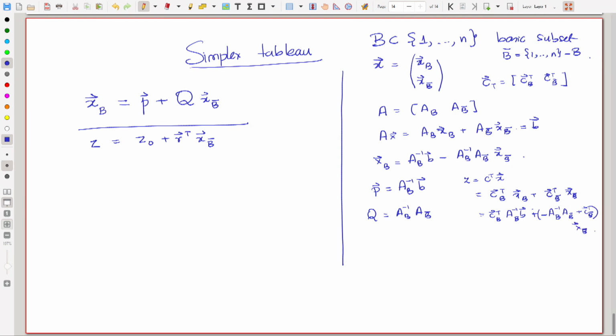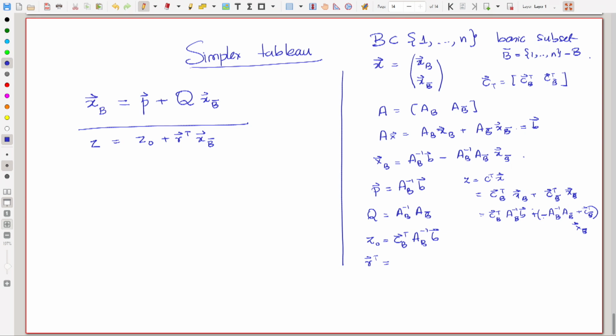Did I do that right? So, what I get is z naught is C T B A B inverse b. So, this is the part that does not depend on x b bar, and R transpose is, something is off here, no? There is a C T B to the left.